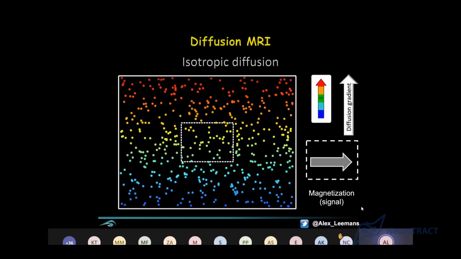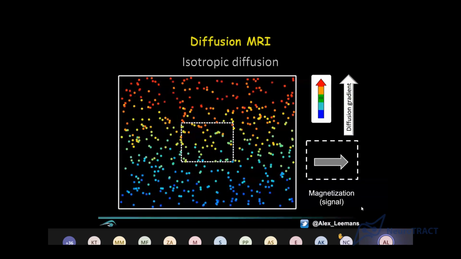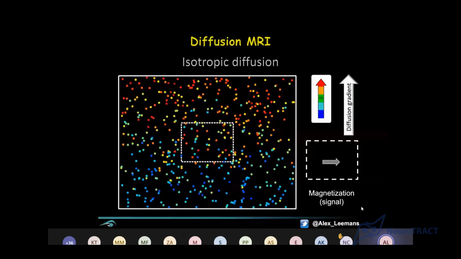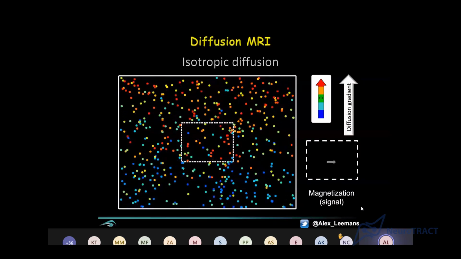Okay, and then in the dashed box on the right, you see a big arrow. This is what I call the magnetization. This is the signal, and it's a big arrow now. It's large. Let's start with that because it's large. If I now start the animation, you'll see that because of the spread of all these molecules within the dashed box, you now have a lot of different colors.